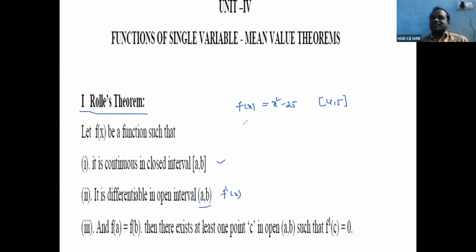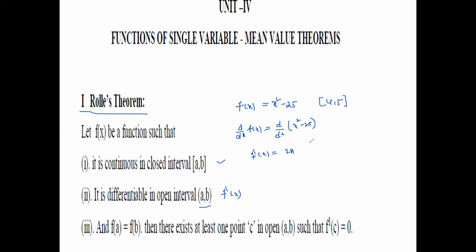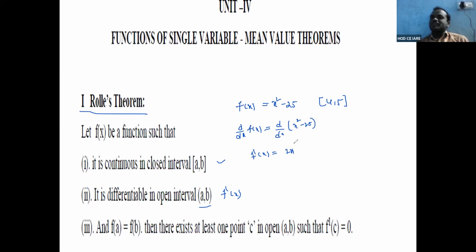Differentiable means you can write the derivative: d by dx of f of x is equal to d by dx of x square minus 25. So you get f dash of x is equal to 2x. Here we have the open interval of 4 comma 5, meaning we can change the values.